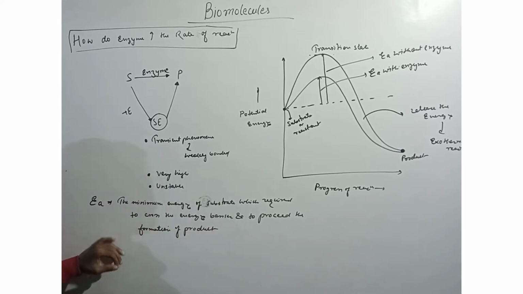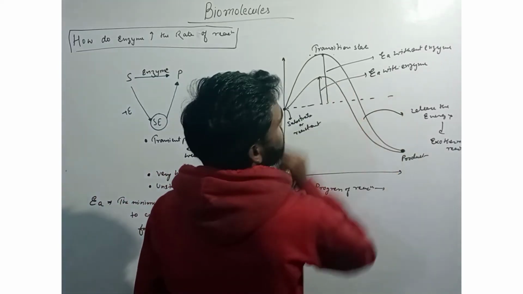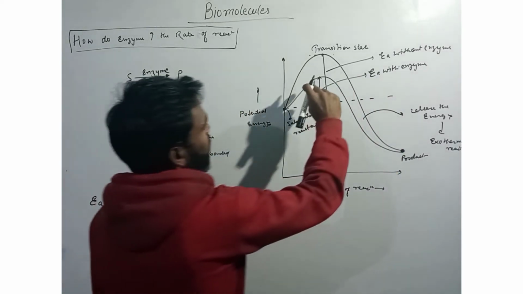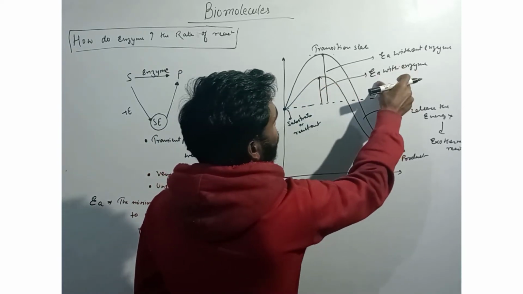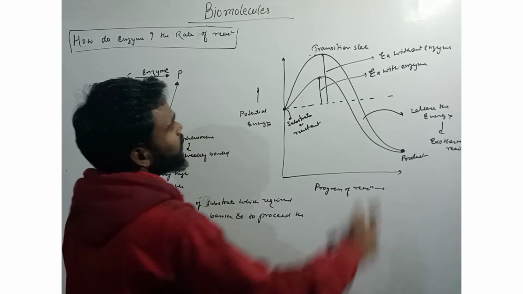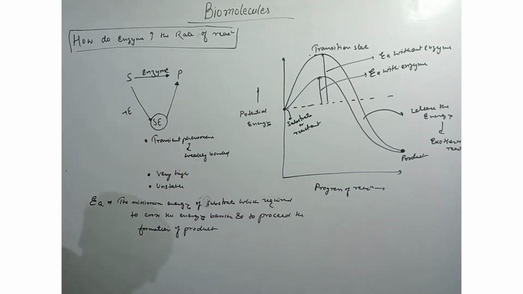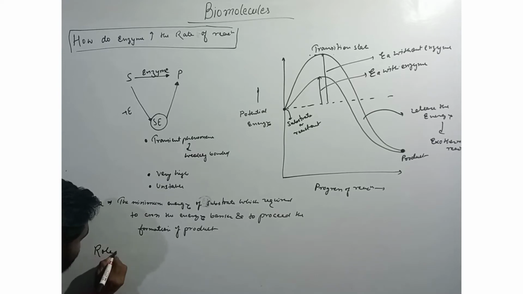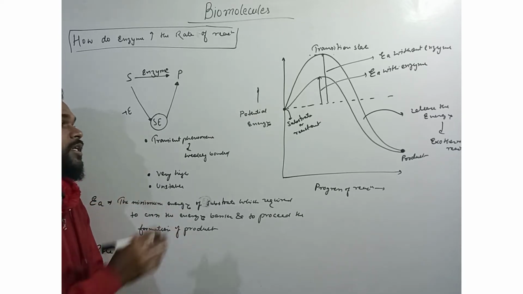Now, when talking about the enzyme, it simply lowers the energy barrier. With enzyme, this is the region, with the presence of enzyme. But with the absence of enzyme, this is the region. So let's see the role of enzyme. It simply lowers the potential energy barrier so that more molecules can cross.